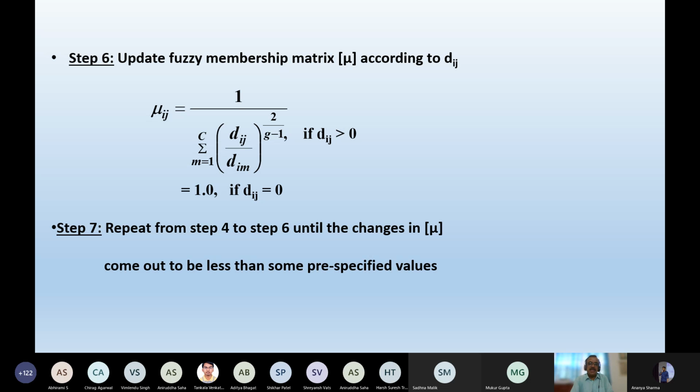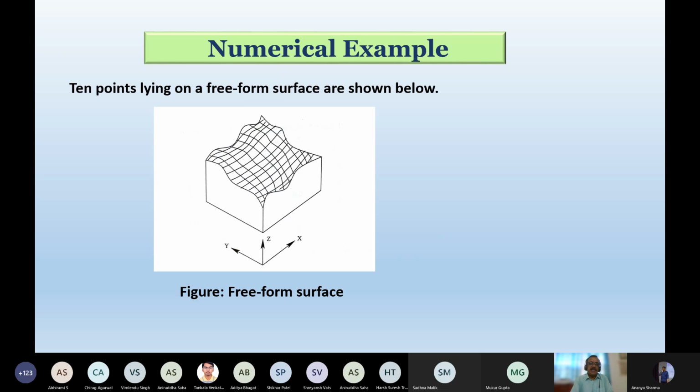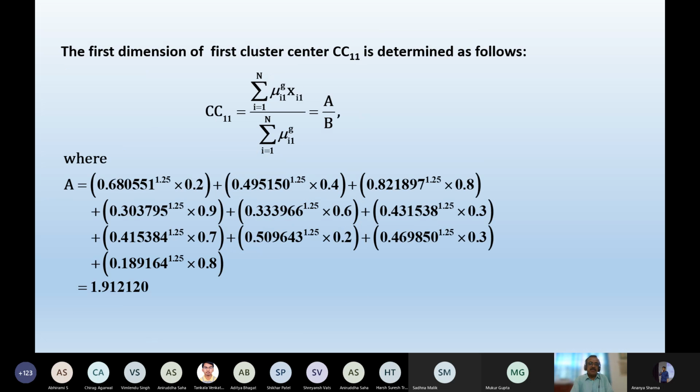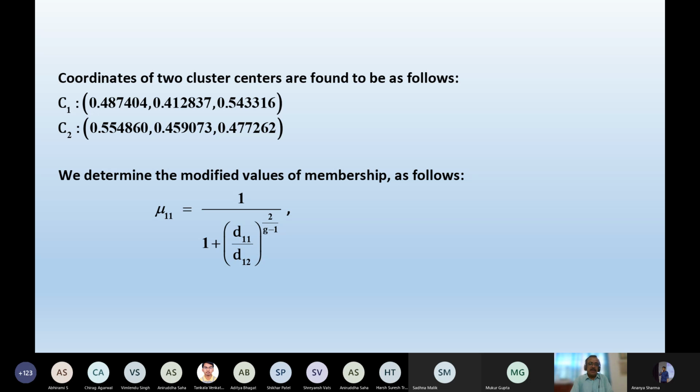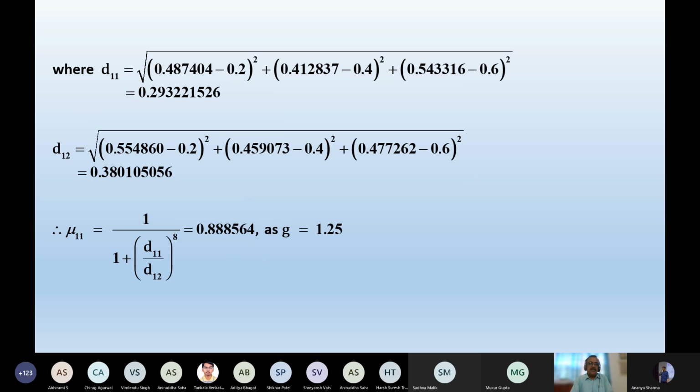And here you see m equals 1 to 2, so m will take the values 1 and 2. Accordingly, you find out, and if you calculate, mu11 will become equal to 0.888564, as g equals 1.25.